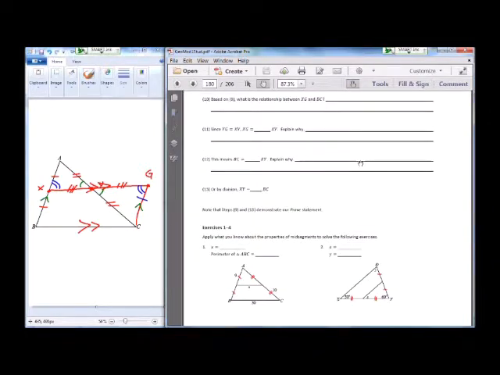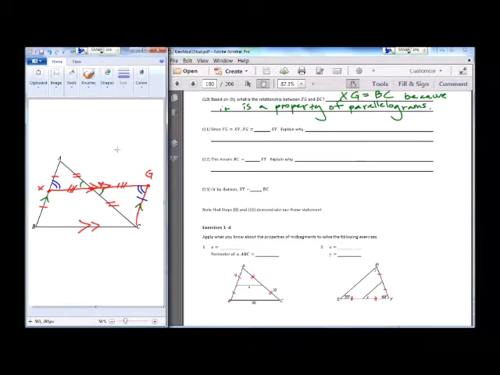Number ten says, based on step nine, what is the relationship between XG and BC? Well, they're equal because a parallelogram has opposite sides that are equal in length. Next, in number eleven, since we constructed YG to be equal to XY, then XG, this whole length, must be twice as long as XY.